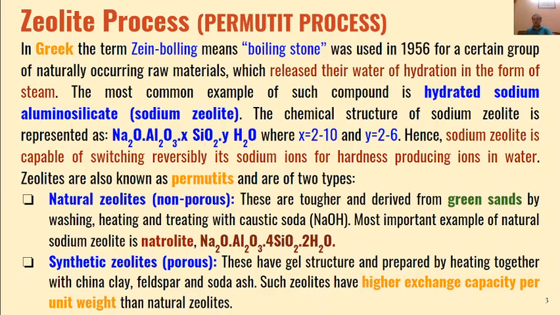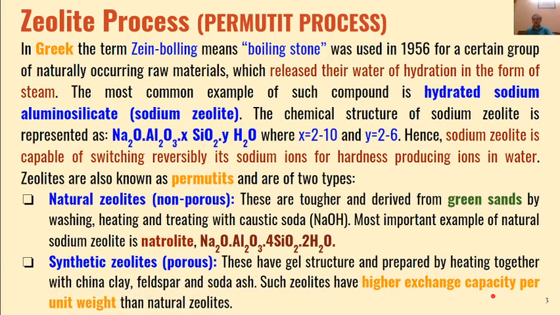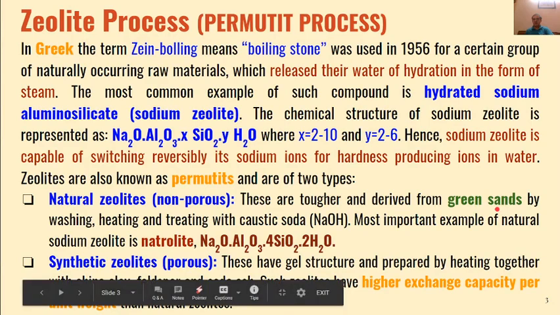When all these three are heated together, we get a product known as synthetic zeolite. These synthetic zeolites have a higher exchange capacity per unit weight than the natural zeolites.